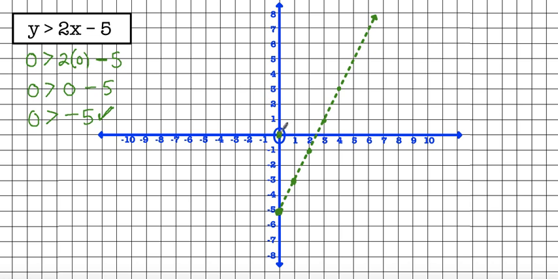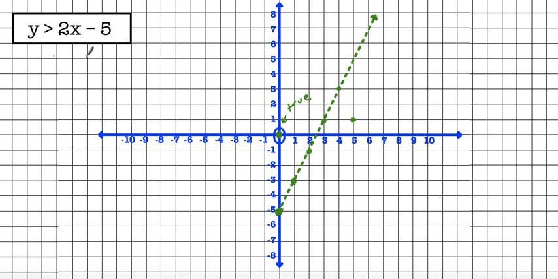If this coordinate here is true, then any other coordinate I pick to the right of this line will be untrue. Let's pick a coordinate just so I can show you as an example. If we pick the coordinate 5, 1, this point should be untrue. We know that 0, 0 is true, so let's try 5, 1.